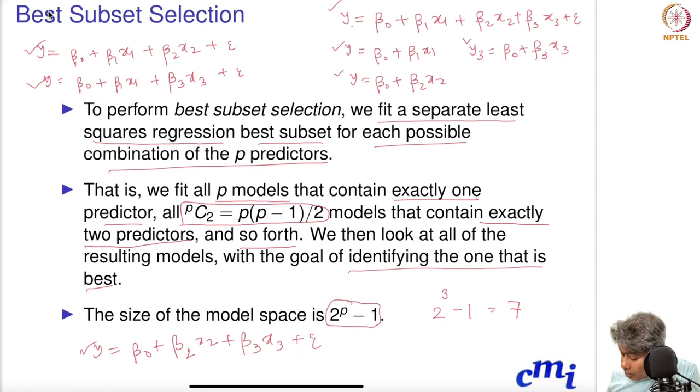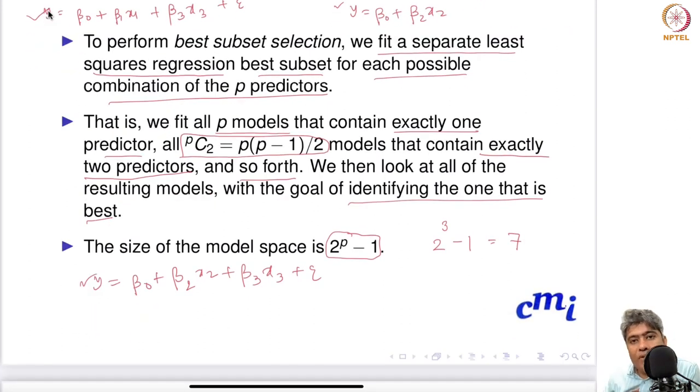So this is our target. Now what happens if you have 10 features? Then you have to fit 2 to the power 10 minus 1 many models. Can you just use your calculator and figure out what that number is?